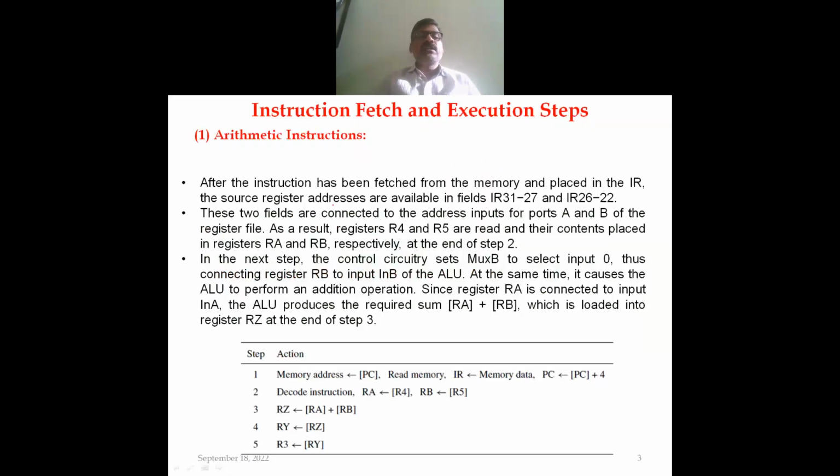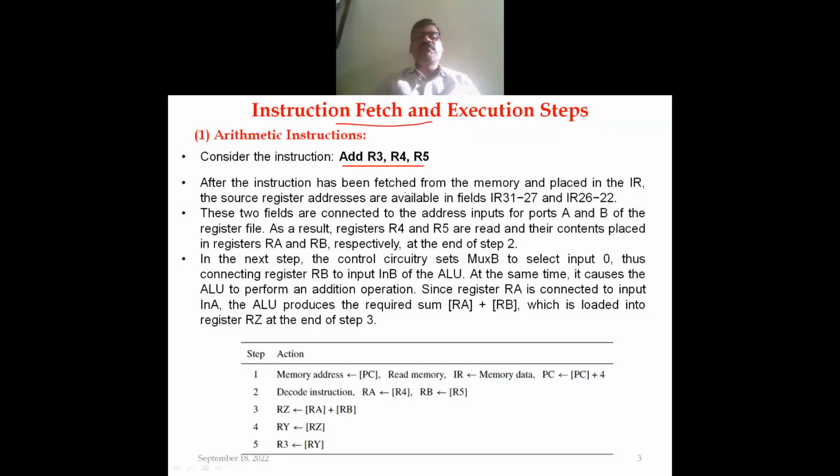Now we will see one by one how arithmetic instructions are fetched and executed, and what the step-by-step process is. Consider this arithmetic instruction, Add R3, R4, R5. First we fetch the instruction.